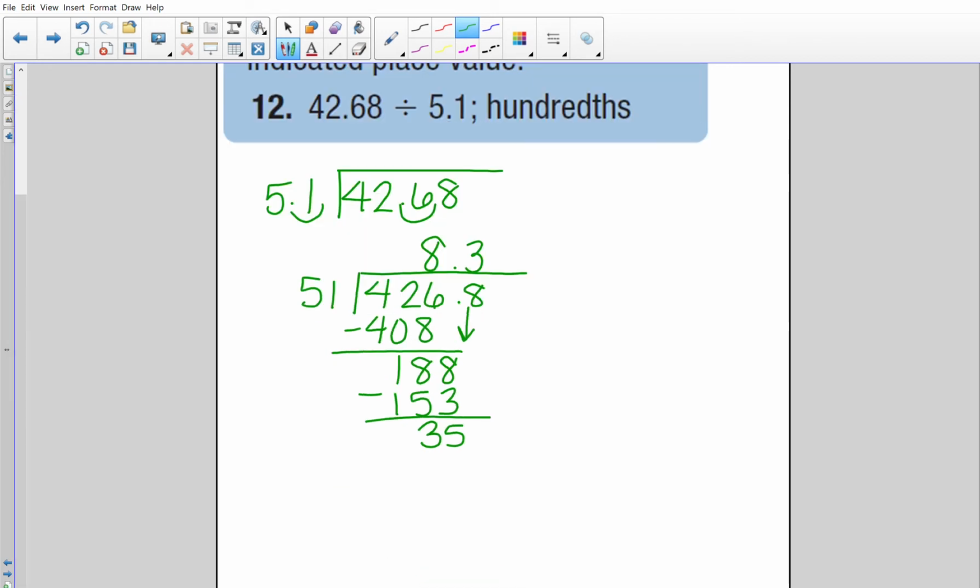Now I'm thinking about adding a 0, so I'm thinking about 350. 350 divided by 51 is going to give me about 6. 6 times 51 is 306. There we go. When I subtract those two, I get 44. Now it says hundredths. I'm already at the hundredths, but I need to go one more to figure out what I'm going to round it to. So this is 440.